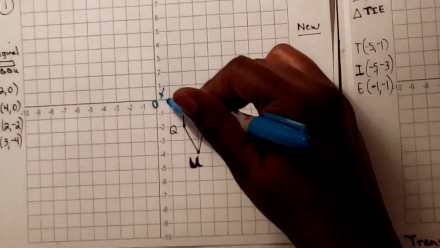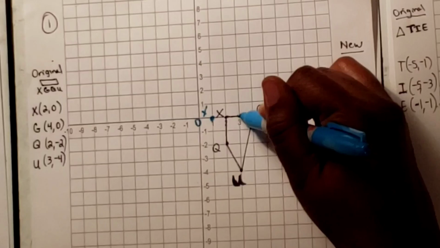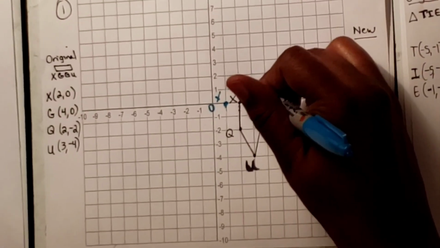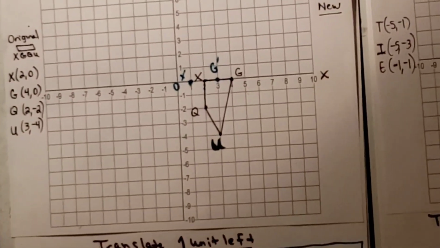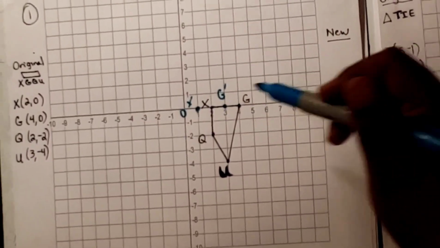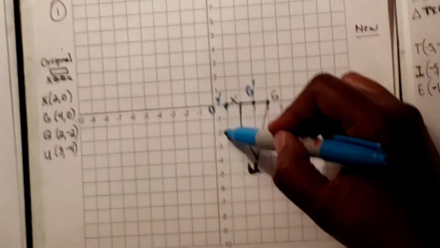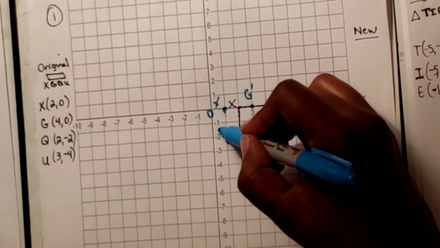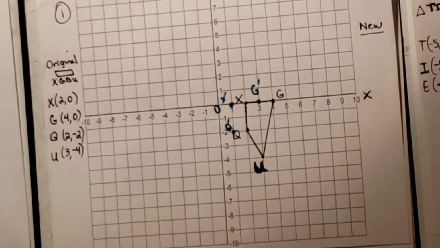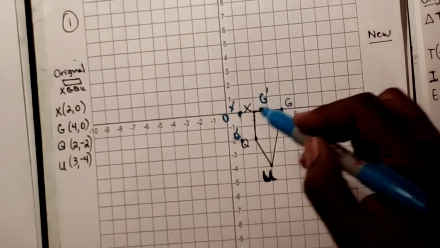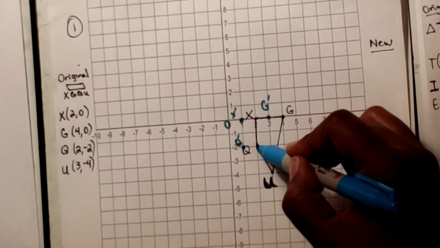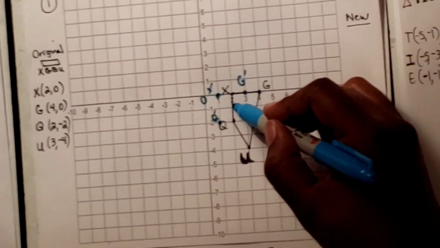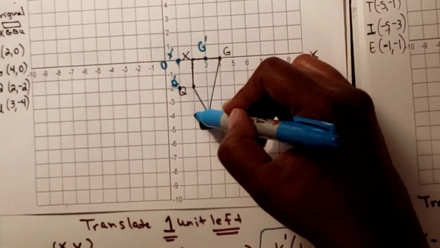I'm going to go over 3 steps, 1, 2, 3, and then stay. I'm going to call it G prime. And then Q prime, go over 1 and then down 2. That is Q prime. And then U prime, 2, negative 4, go to the right 2 and then down 4. 1, 2, 3, 4, right here.